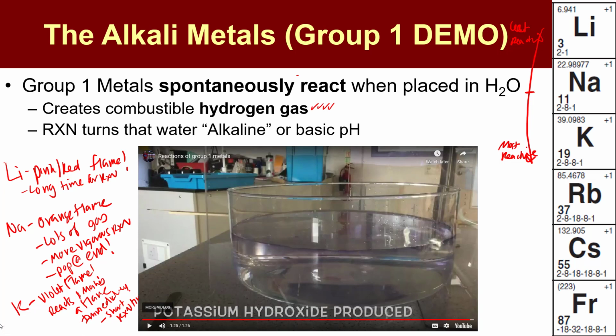It was notable that the lithium took a long time to finish its reaction because it's the least reactive of the alkali metals, whereas sodium was somewhere in the middle with how long it took, and it actually came to a flame quicker than lithium did, but not as quick as potassium, which reacted really quickly and had the indicative violet, sort of peach-colored potassium flame from the atomic emission spectra.